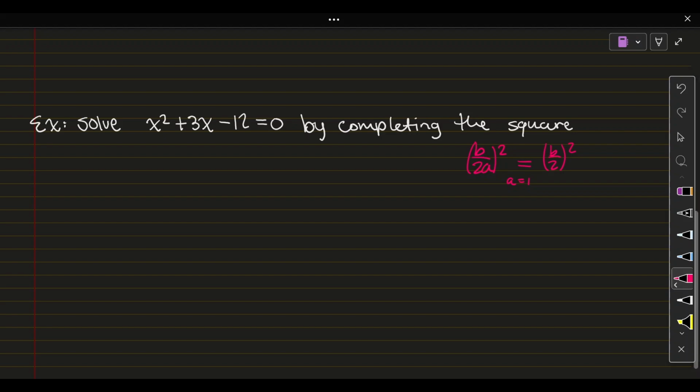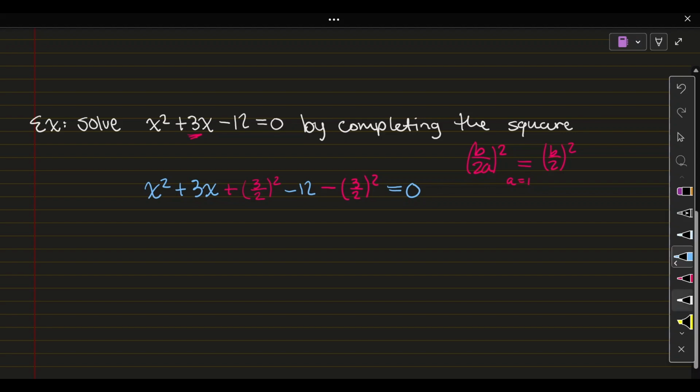So let's go ahead and do that. I'll have x squared plus 3x, and then plus 3 over 2 squared, since b is 3, minus 12, and then minus 3 over 2 squared, and that will be equal to 0.